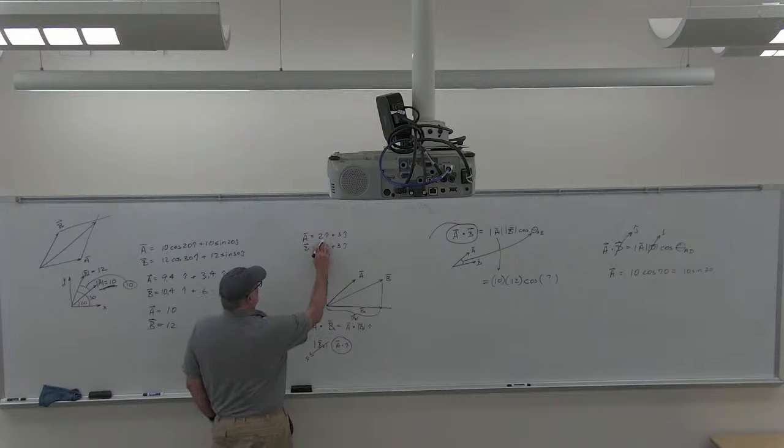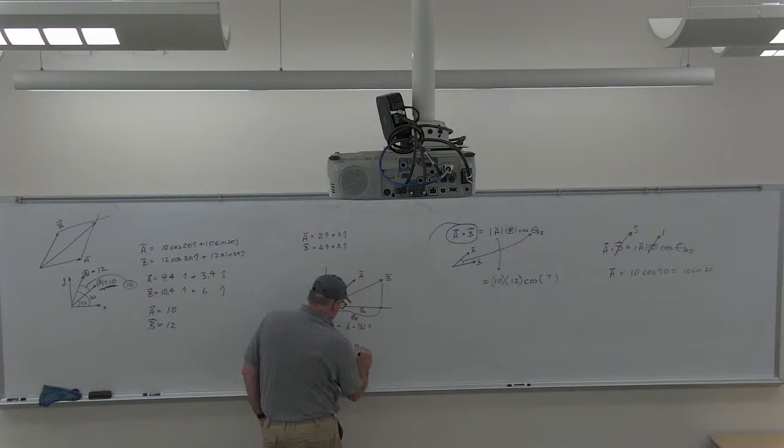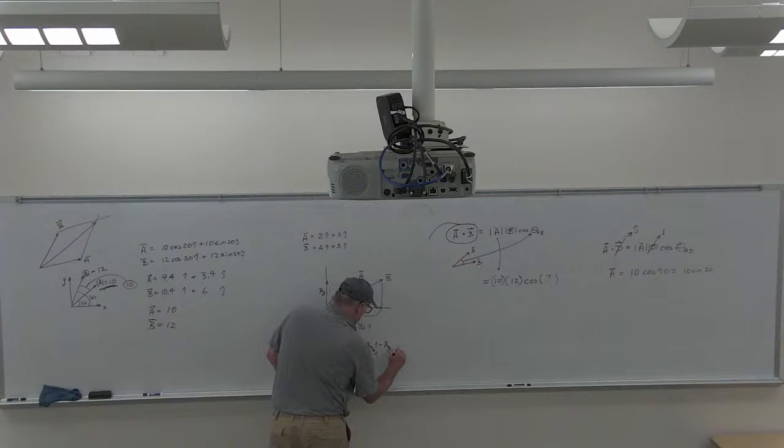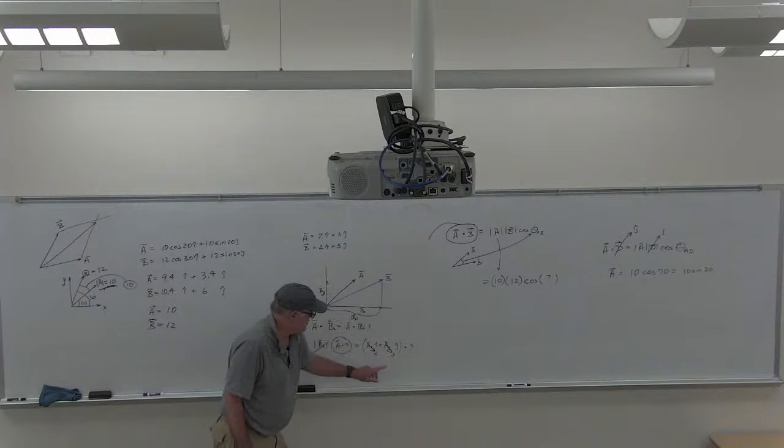If you dot that, you have AXI plus AYJ, which in this case is 2 and 3, dotted with I. What is J dotted with I?